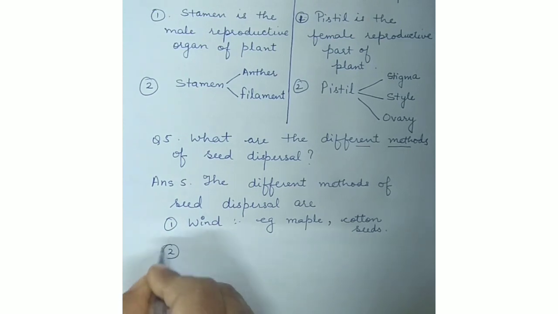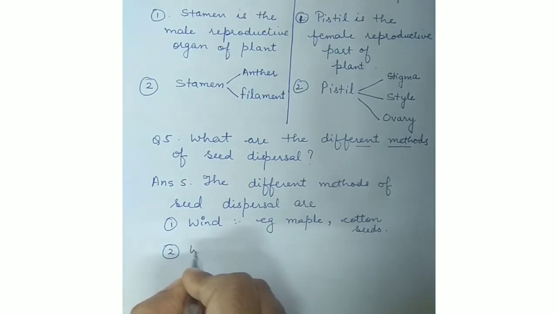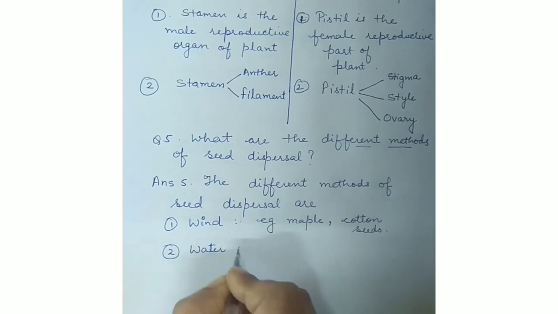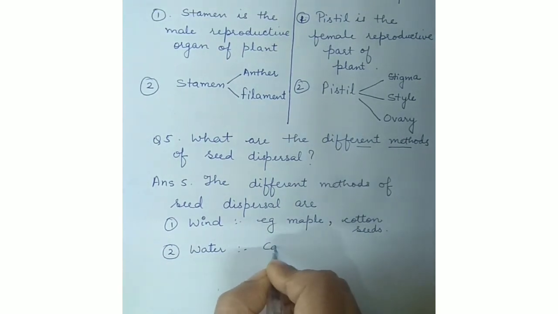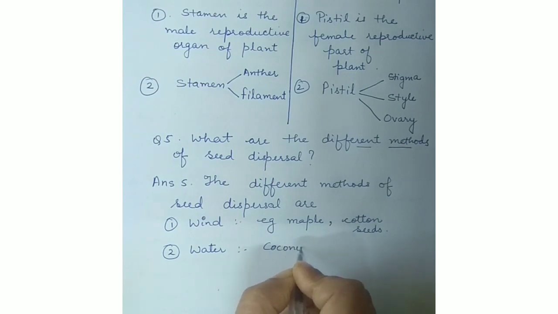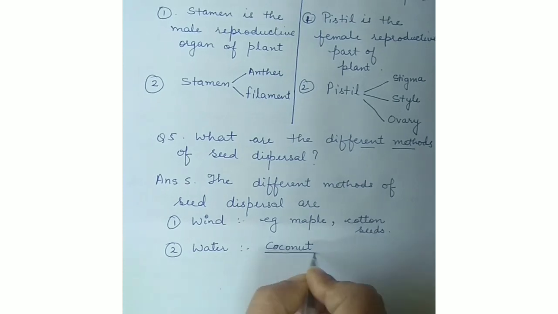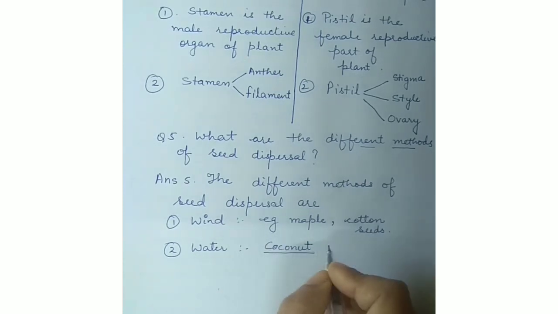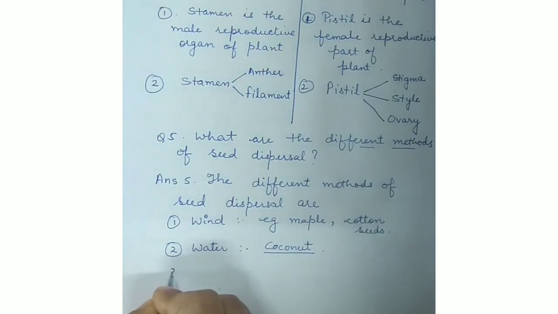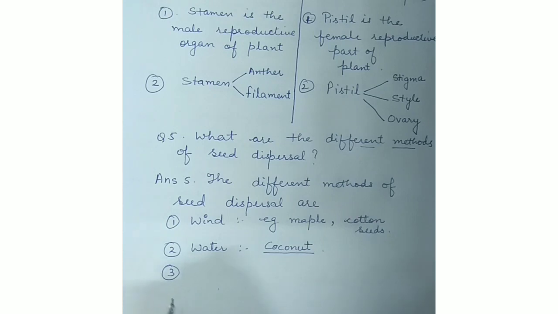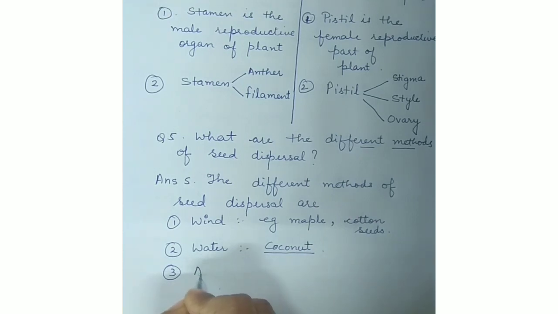Next is by water. The best example is coconut. Mostly you see the trees of coconut, they are found in coastal areas. Okay, with the help of water, the seeds of coconut plant are dispersed from one place to another. Third one is by animals.